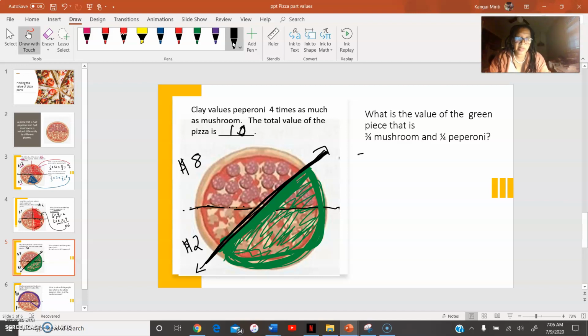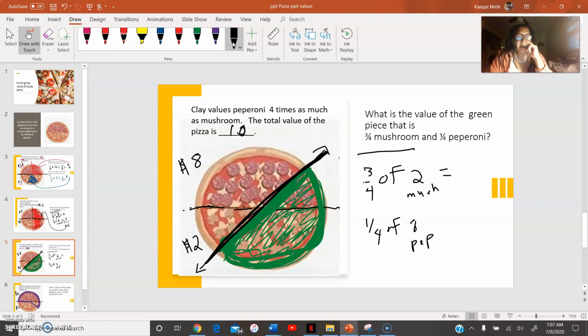Well, it tells us here in the information that this green piece is 3/4 of the mushroom. Well, the mushroom's only worth $2. And 1/4 of the pepperoni, which is worth $8.